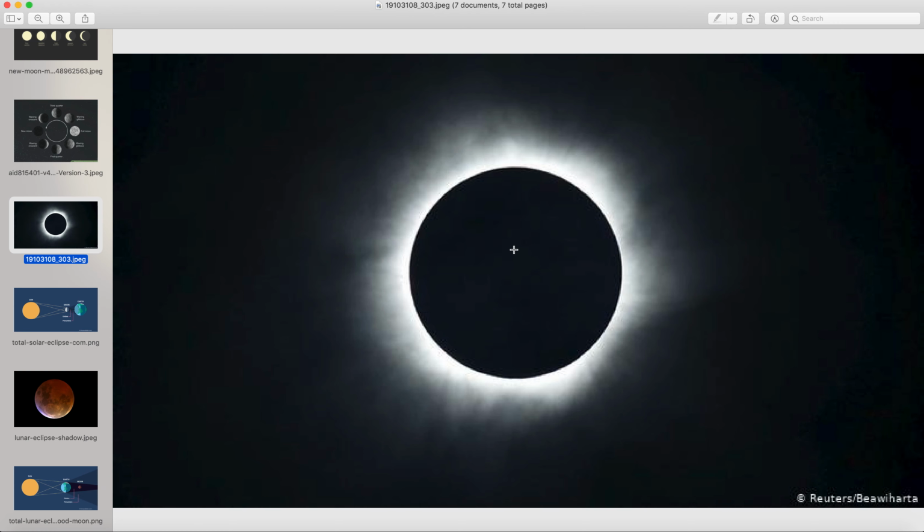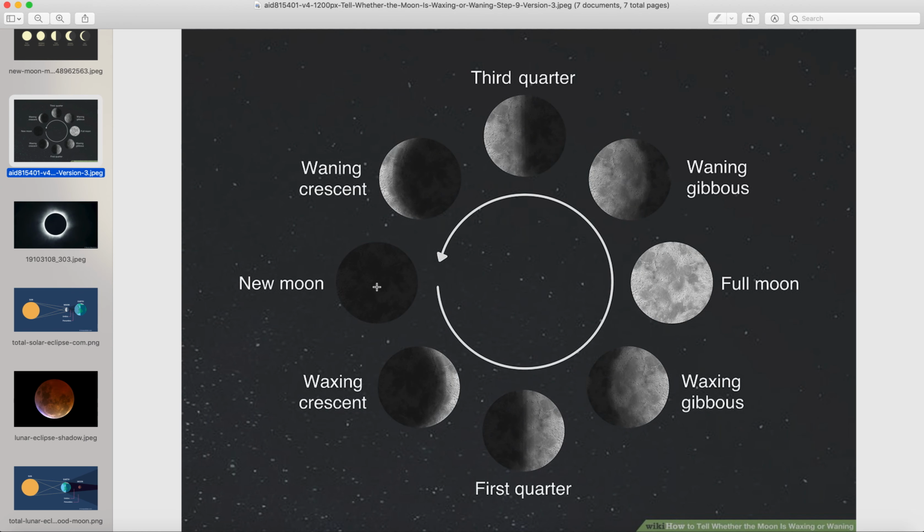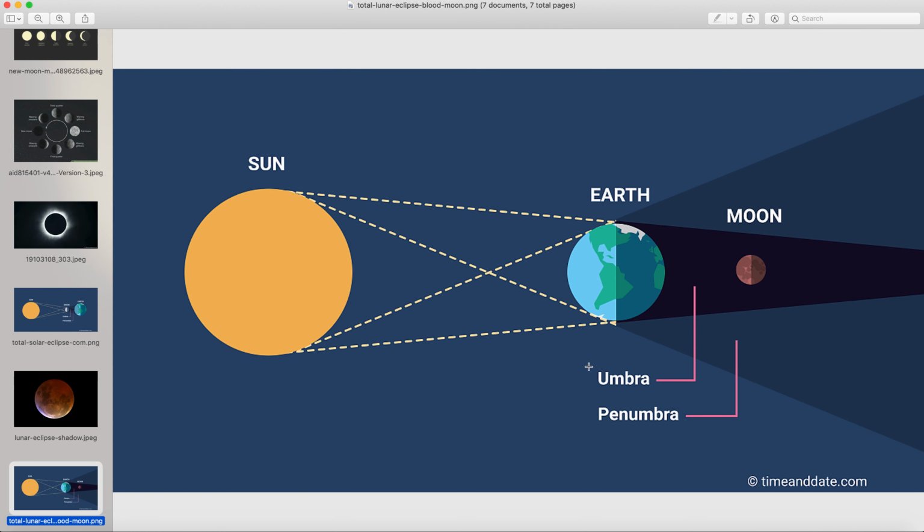So if the moon can be this black disk that blocks all the light from the biggest light in the sky, which is the sun, then how come we don't see this black disk every month at new moon, and we don't see a black disk during what's claimed to be a lunar eclipse?